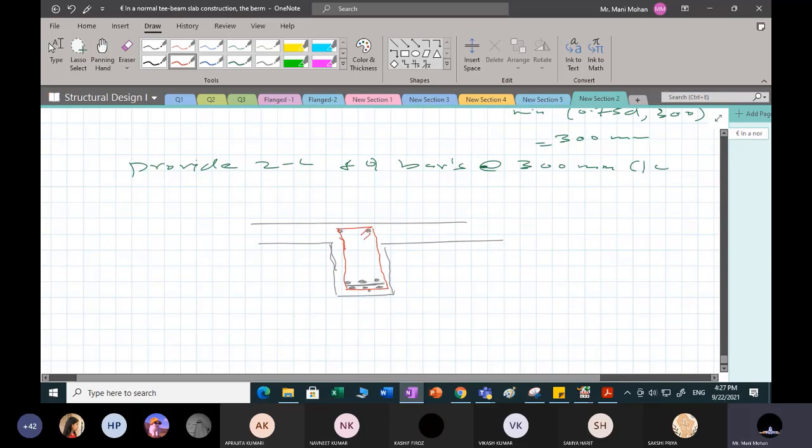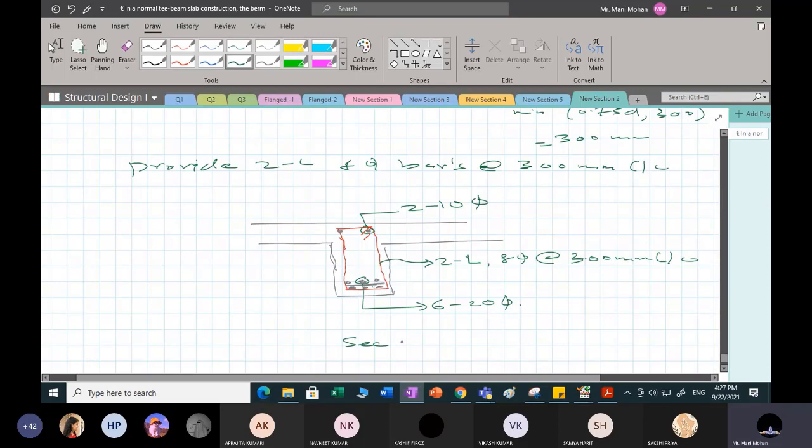Here you can mark your bars: 6-20 dia bar, 2-10 dia bar, and this is the stirrup, which is two-legged 8 dia, near center. So this is going to be at 300 millimeter center to center. This is my section 1-1.